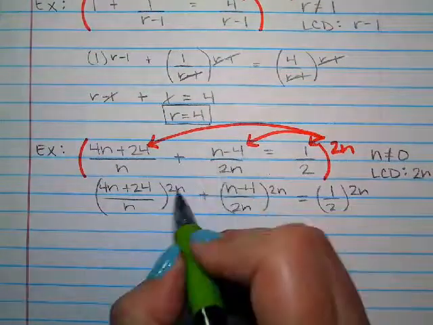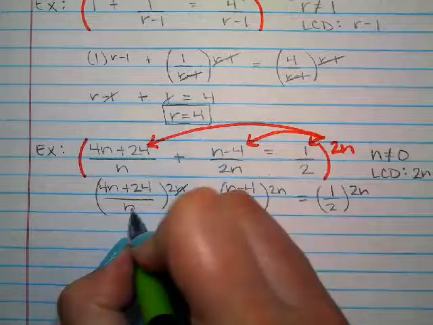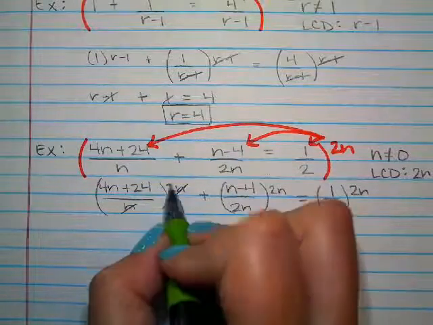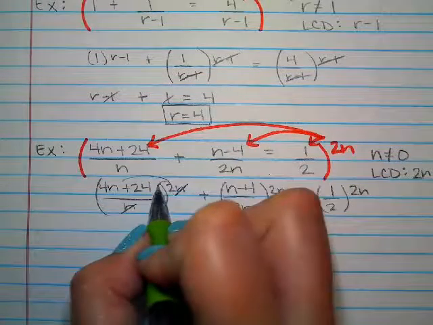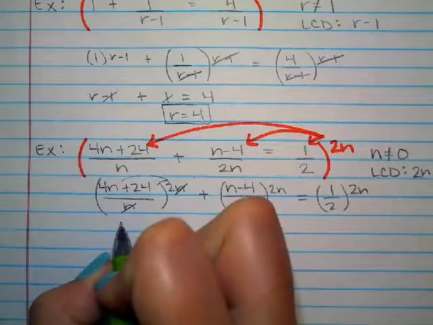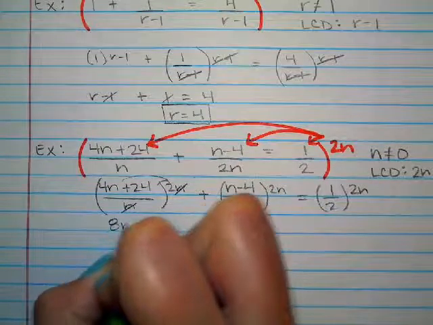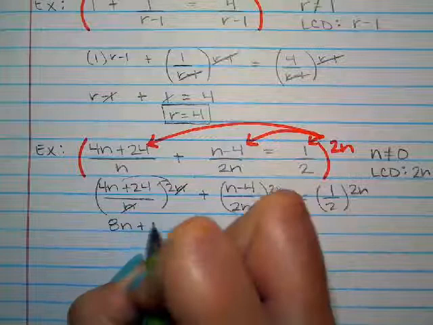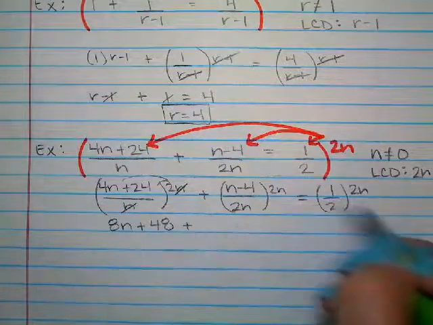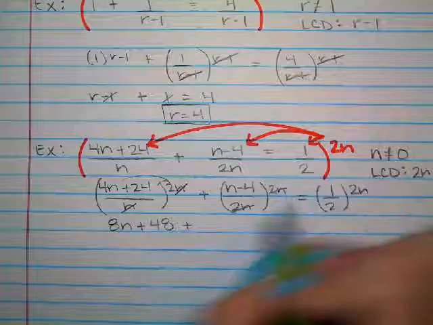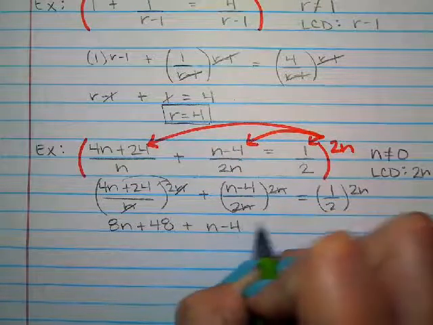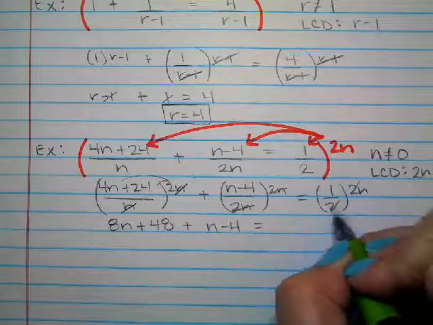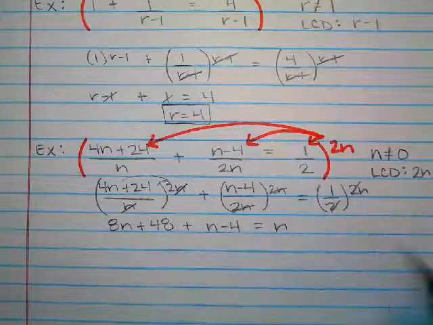For my first term, the n's are going to cancel, and I have the 2, which can distribute. So I've got 2 times 4n, which is 8n, plus 2 times 24, which is 48. The 2n and 2n cancel, I just get n minus 4. The 2 and the 2 cancel, and I just get n.